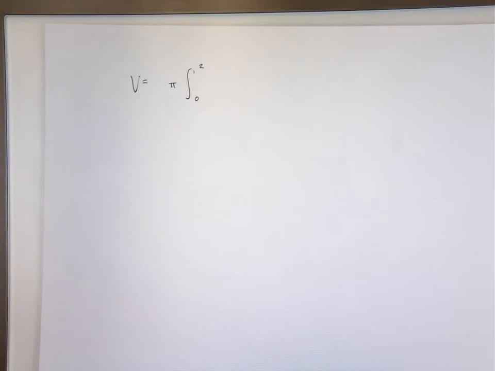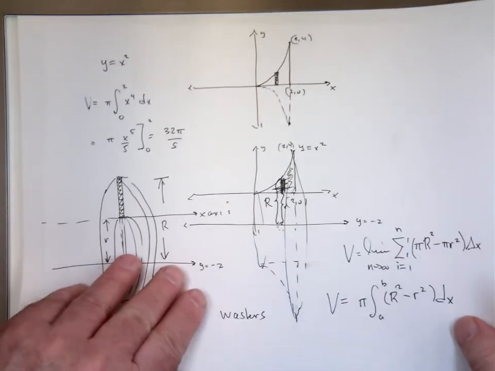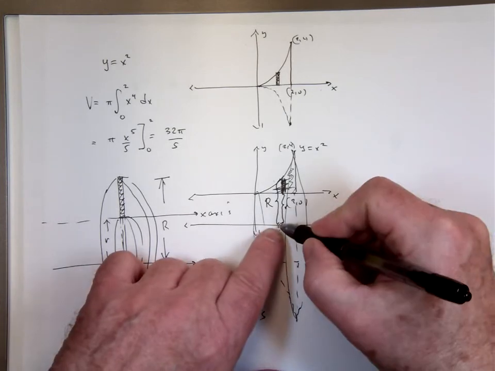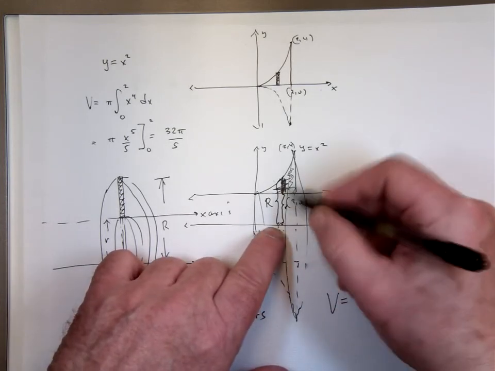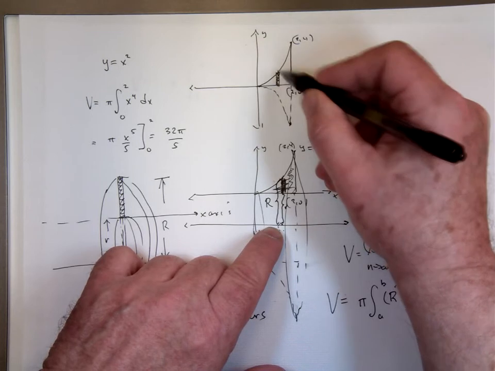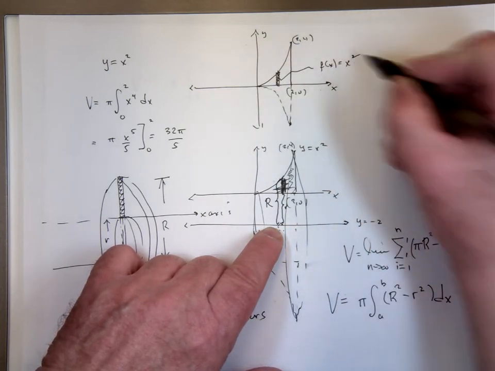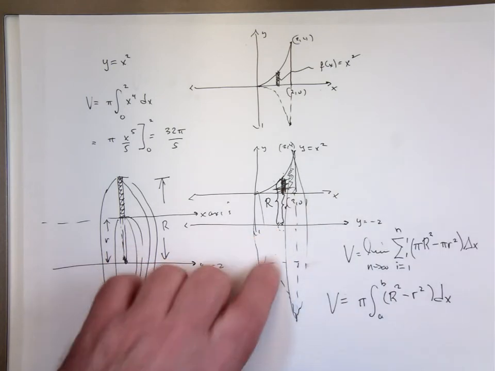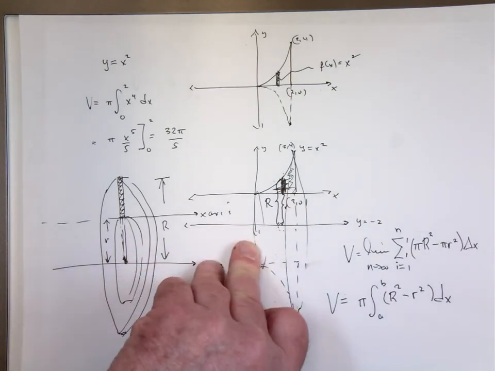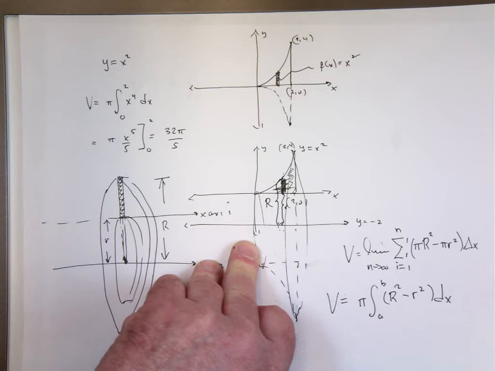Big R is from here up to here. In the previous example, we went from here to here, and that was our function, x squared. So it's x squared plus 2. Who said that?